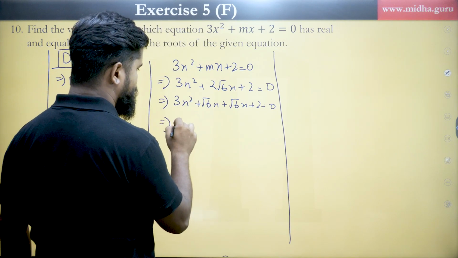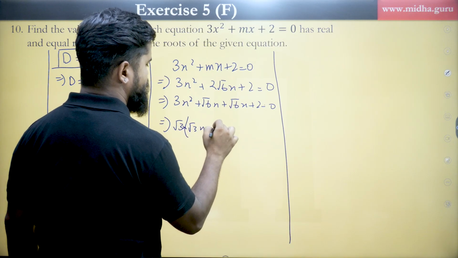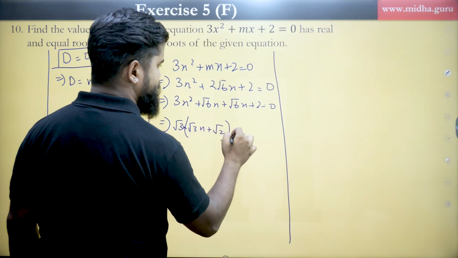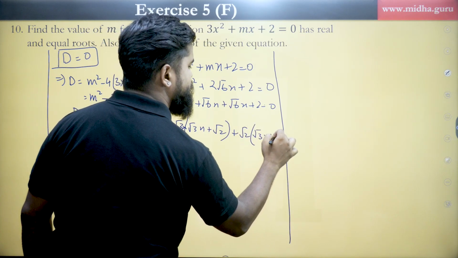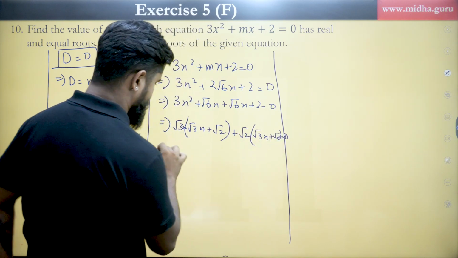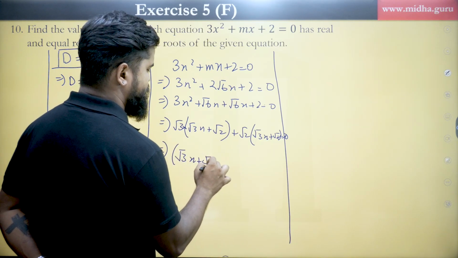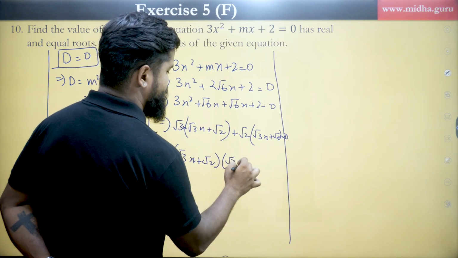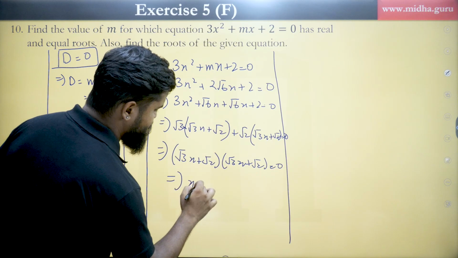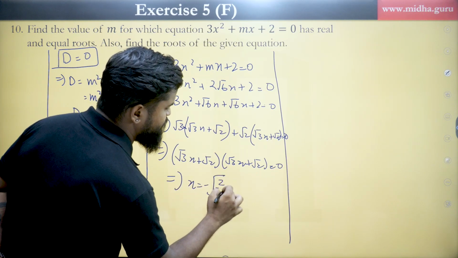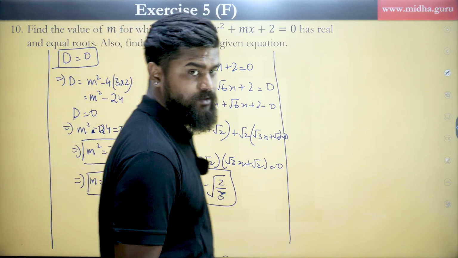So here we'll take √3x as common, we'll get √3x + √2. And here we'll take √2 as common, we'll get √3x + √2. So we have (√3x + √2)(√3x + √2) equal to 0, which means x is equal to −√2/√3, that is −√(2/3).